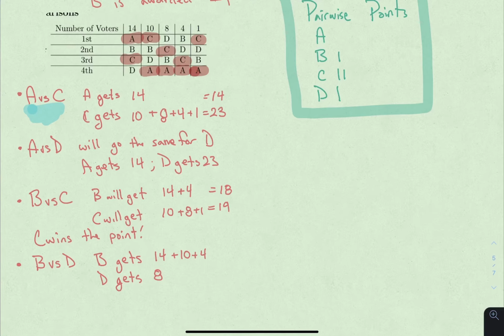B already has more than 19 votes. So it doesn't matter that D gets this last vote. But we see that B has 28 and D has 9. Is that right? Yep.